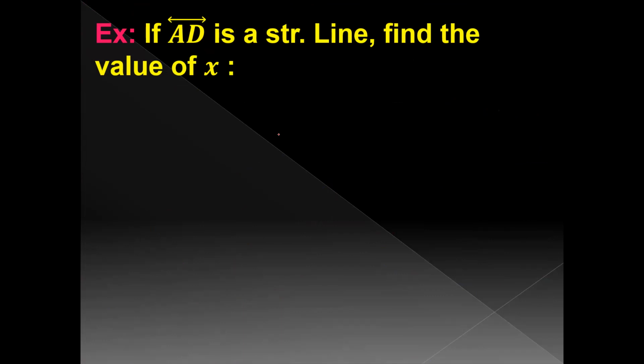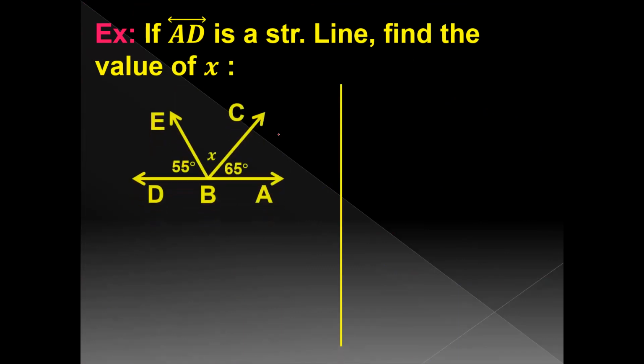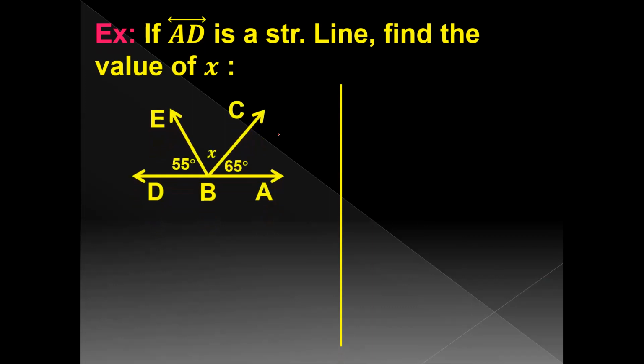Exercise. If AD is a straight line, find the value of x. We have a straight line DA and we have three angles: angle EBD is 55 degree, angle EBC is x degree, and angle CBA is 65 degree. Find the value of x, the measure of angle EBC.